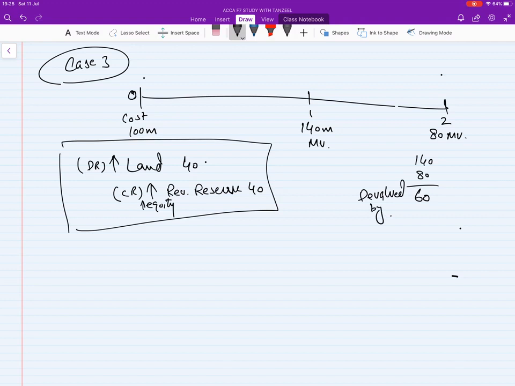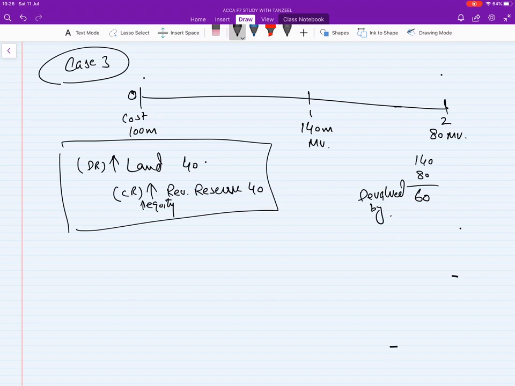So at the end of year 2, the market value in the previous year was 140, but this year the market value is 80. So the land was devalued by 60.